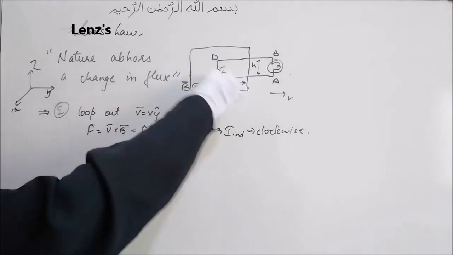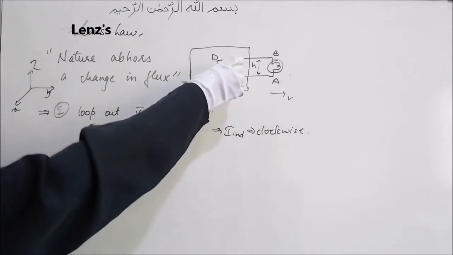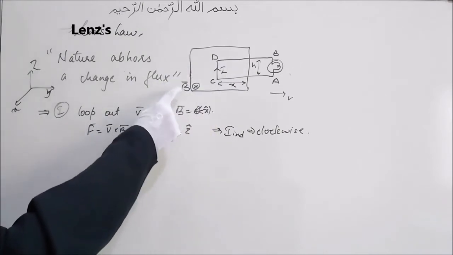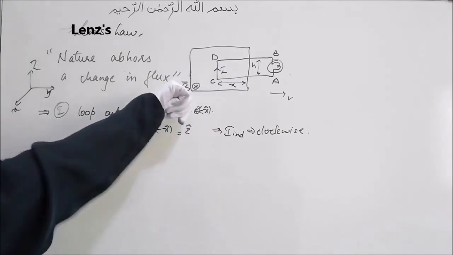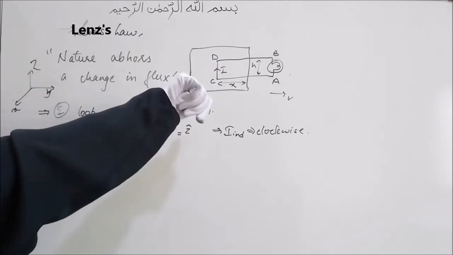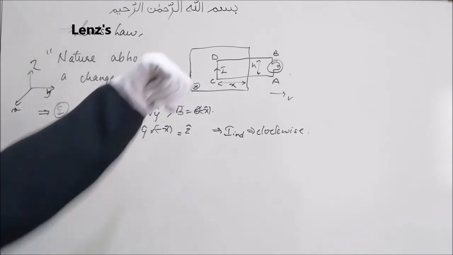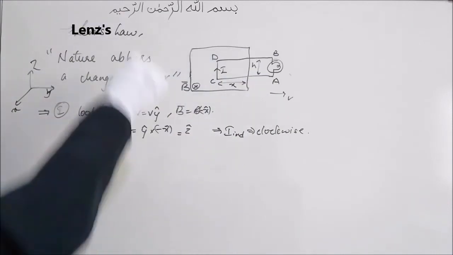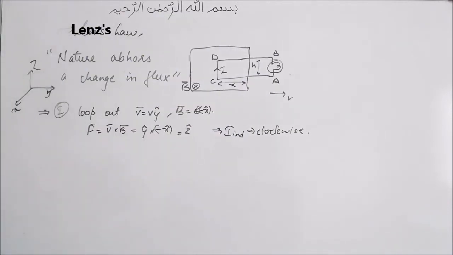So the current will be induced in such a way that the magnetic field produced by this current will be in the same direction as the external magnetic field that is going into the plane. I point my thumb inwards, curl my fingers which go like this. So the induced current will be in the clockwise direction. I hope you got that.